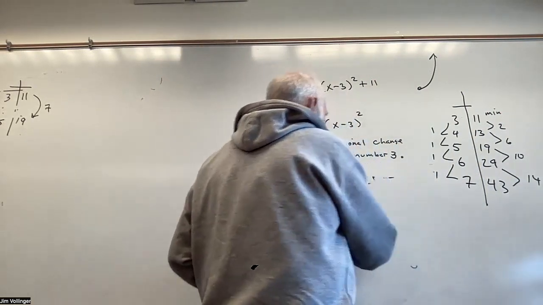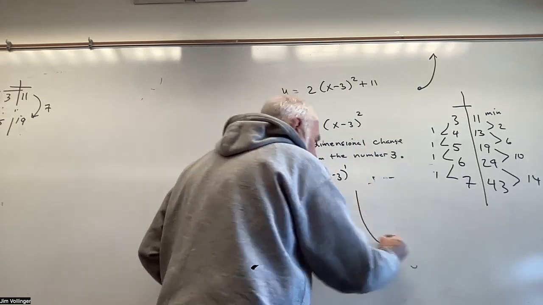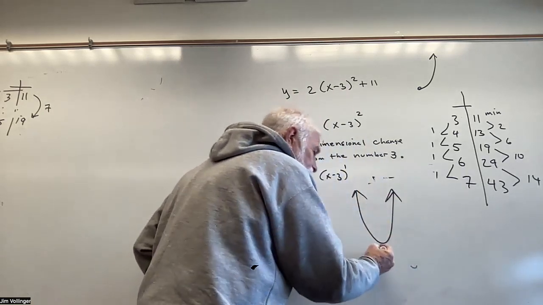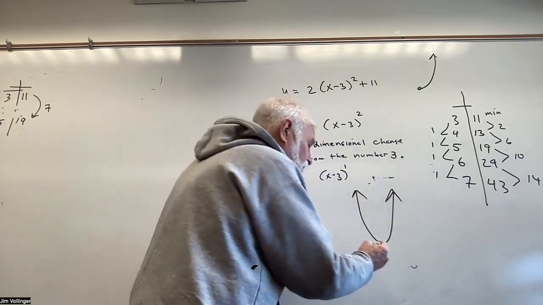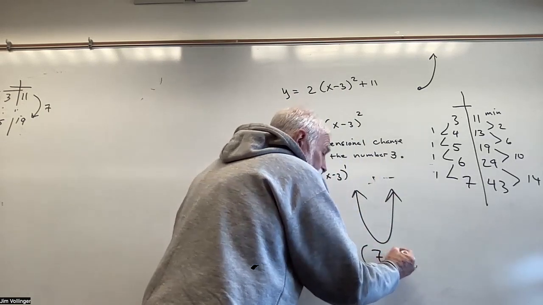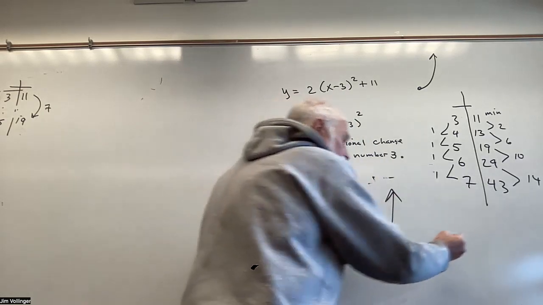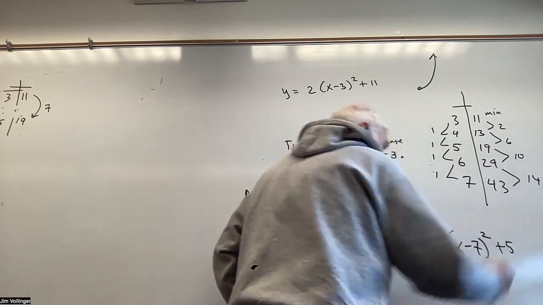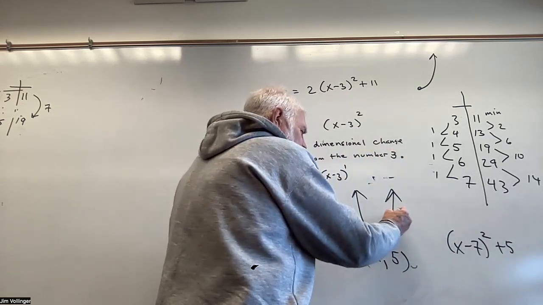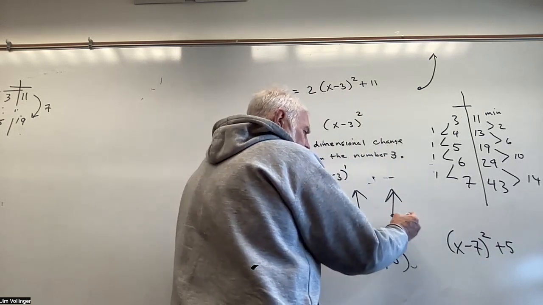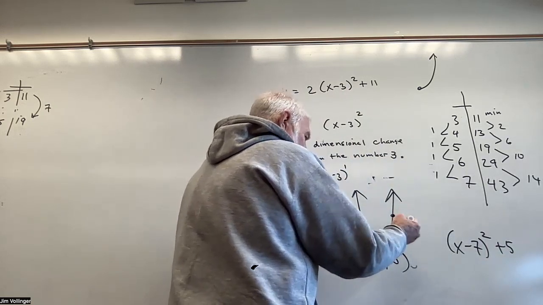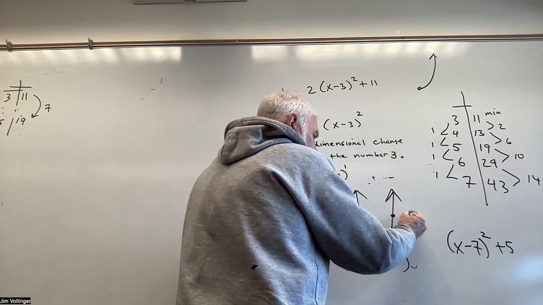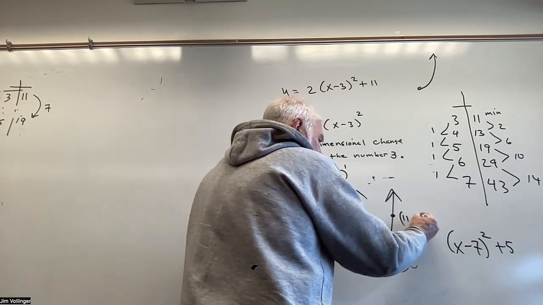All right, so quadratic change then helps us to be able to do what I put on the board to begin with. Let's say we have 7, 5. Well, you can certainly write x minus 7 squared plus 5, right? And what if we wanted to go to, oh, let's say 11, 100.